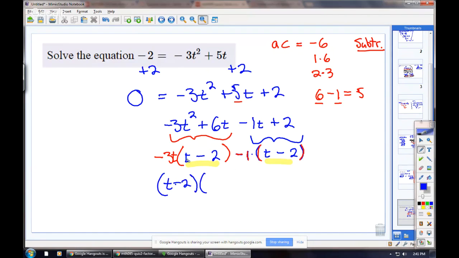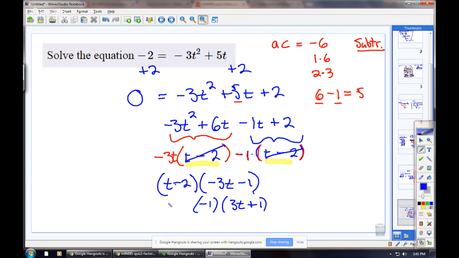And the other factor is whatever's left when I take the t minus 2, which is a -3t minus 1. And just to be a little more thorough here for factoring completely, these two are both negative, so I could factor this one step further by pulling out a -1 as a factor of this 3t minus 1, which leaves a 3t plus 1.